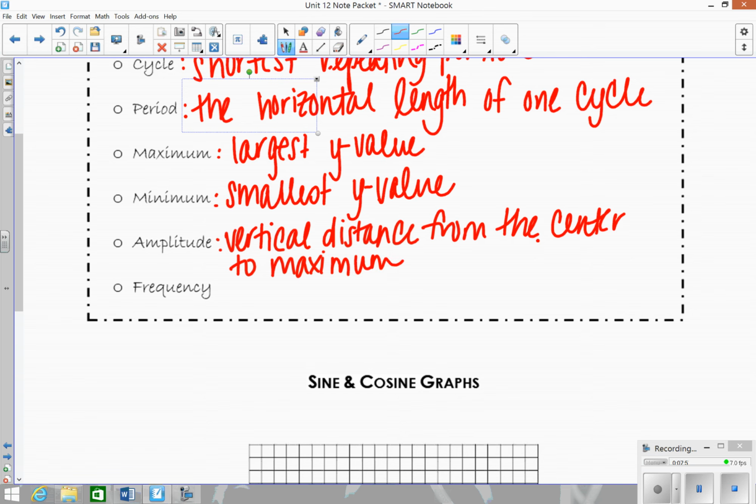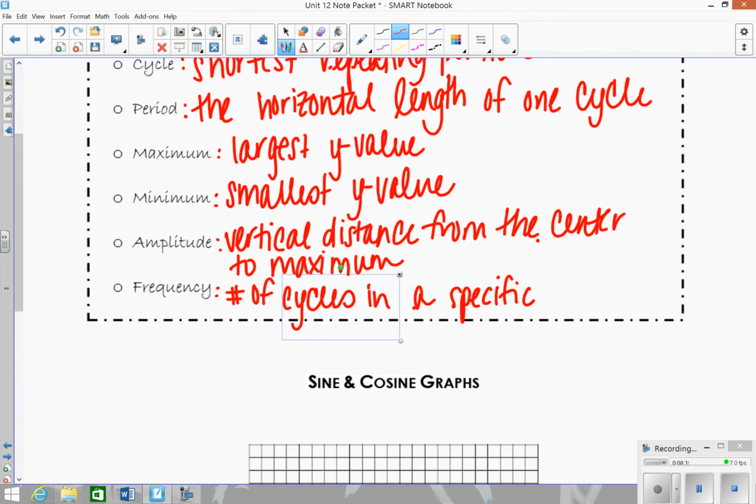And then the last thing here is the frequency. The frequency is the number of cycles in a given interval. So it's however many cycles occur in a specific interval. And there's a formula for that.